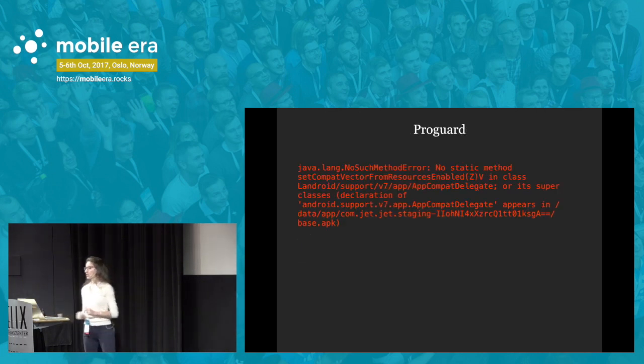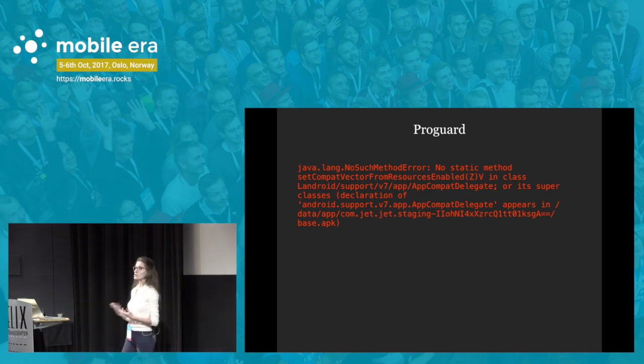ProGuard. We had ProGuard installed, enabled in our regular installable application. It was working fine, no problems. And then when we enabled it within Instant App, we started to run into a lot of no such method or field name errors.